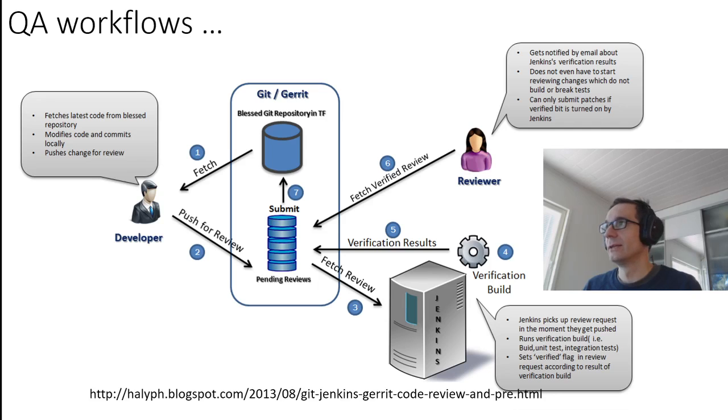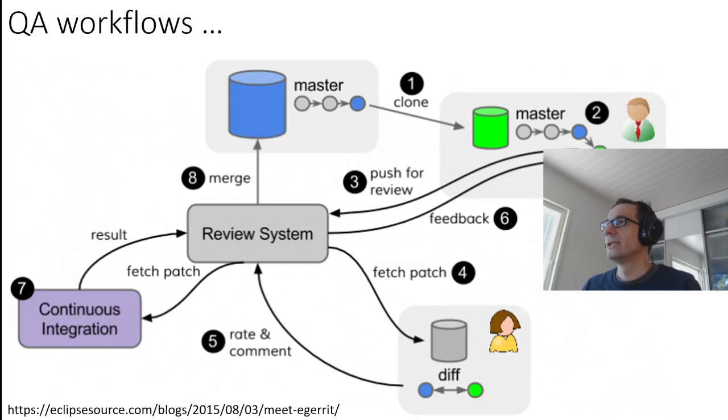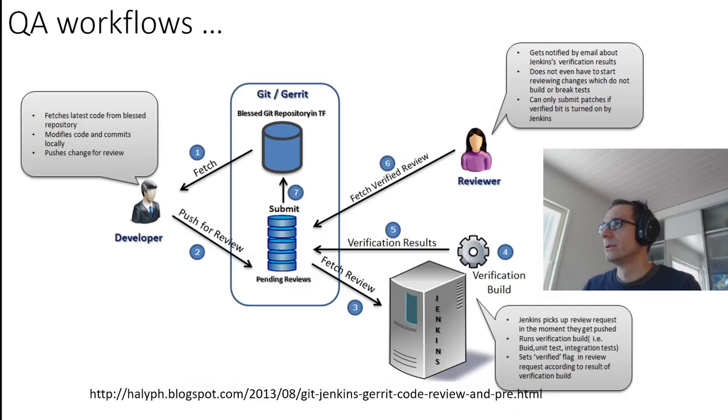So if the tests fail, the reviewer does not even get started with it. Whereas in the previous one it could be the case that the reviewer works on something where the tests will fail later. So this reduces the human effort and puts more effort to the machine.